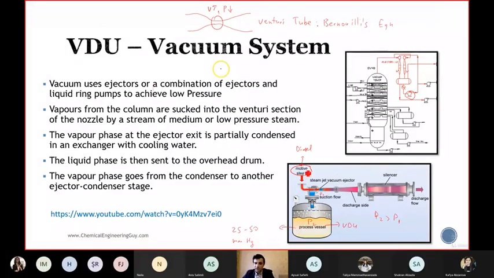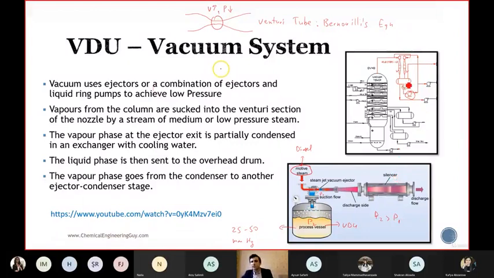So this is the ejector. The main part to create the vacuum is the venturi tube part, and then afterwards the steam and air are sent to the silencer, because it creates a sound. You know from the vacuum cleaner in your house that creating a vacuum condition causes sound.